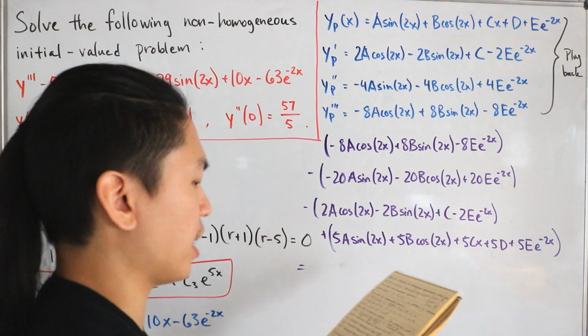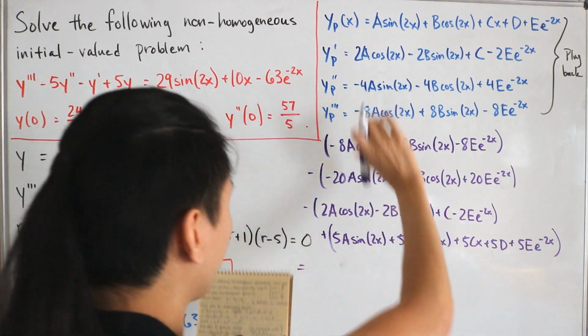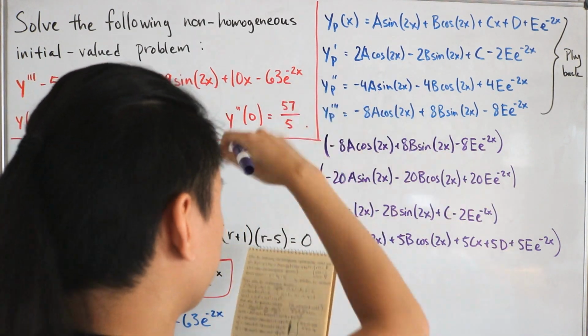So we put everything together, so now we have the following sum for all the linear combinations. We just substitute in.